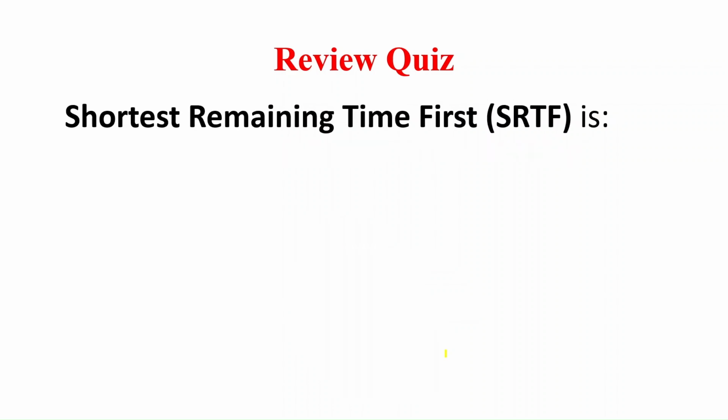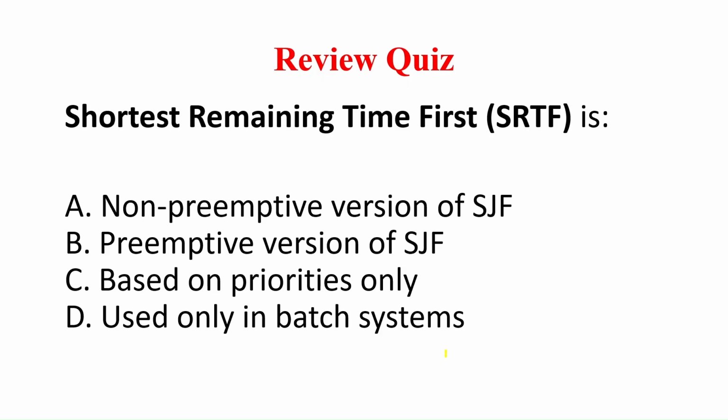Next: shortest remaining time first is the non-preemptive version of SJF, the preemptive version of SJF based on priorities only, used only in batch systems.